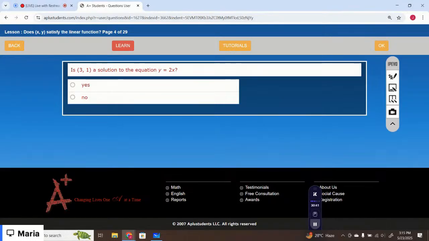Is (3, 1) a solution to the equation y equals x? (3, 1) is not a solution to the equation y equals x. So the correct option is no.